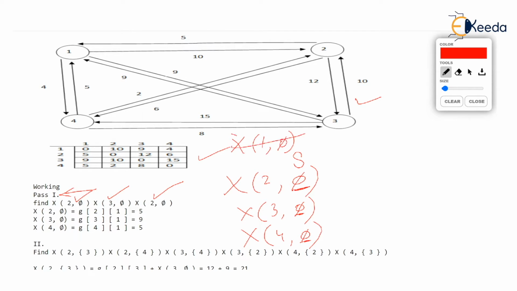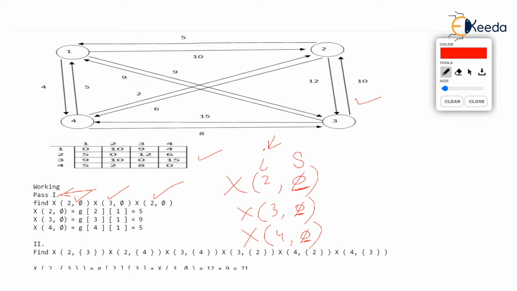Now, the rule over here is that none of the passes will take I as 1, because 1 is our home. This vertex 1 as I will be taken only in the last step. So in this step, pass 1, we keep the cardinality of set S as 0. There are no members in set S. And we take I, from where we are going to begin our travel, as 2, 3, 4, excluding 1.